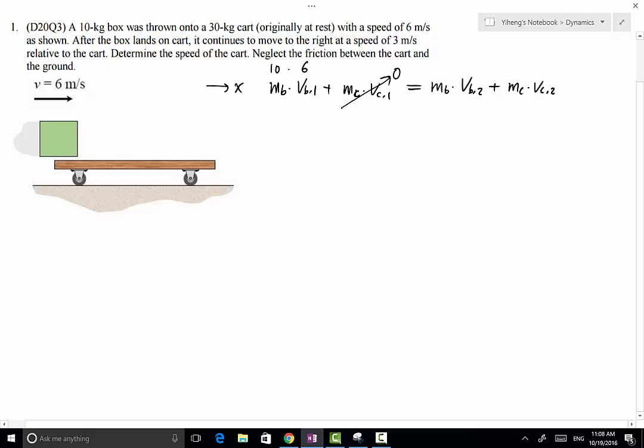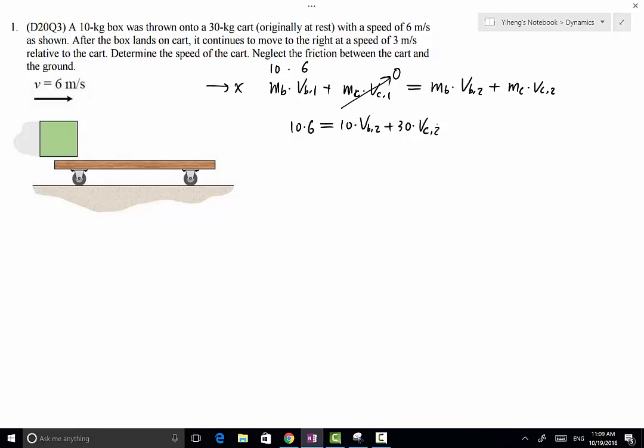Now from this equation we can write 10 times 6 on the left hand side equals 10 times VB2 plus the mass of the cart, which is 30, times VC2. That's our conservation of linear momentum equation, but we have two unknowns, VB2 and VC2, so we cannot solve for both. However, we do have one additional condition.